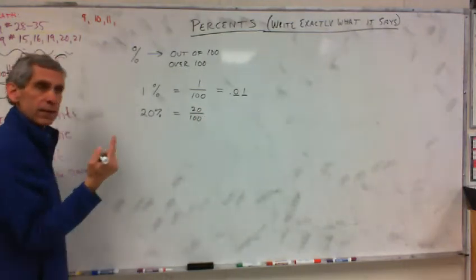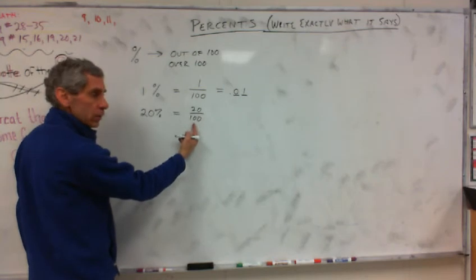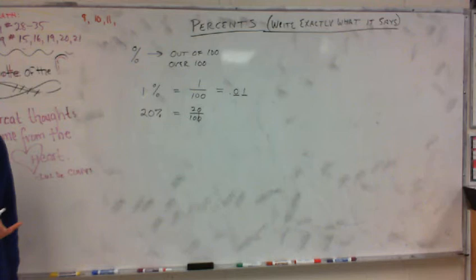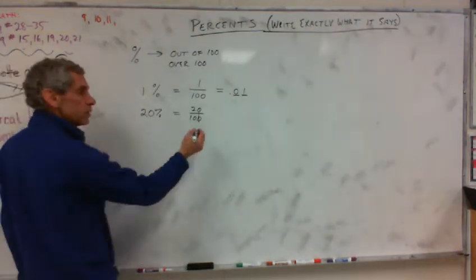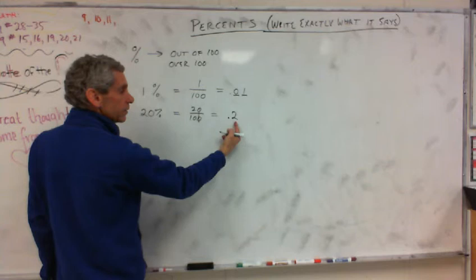But if you wanted to turn it into a decimal, you really don't want to change this. You could get rid of the zeros because there's a 0 on the end of both of them. So suddenly it's 2/10, and if you're going to write that as a decimal, the 2 is in the tenths column.